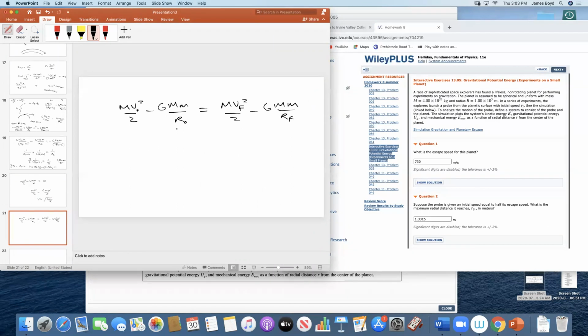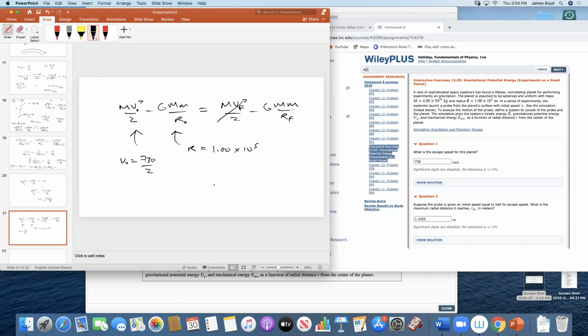The problem is this r initial is actually the surface of the planet, because we're starting at the surface of the planet. This is half of 730. V final is 0. The furthest point away it reaches is when V final is 0.